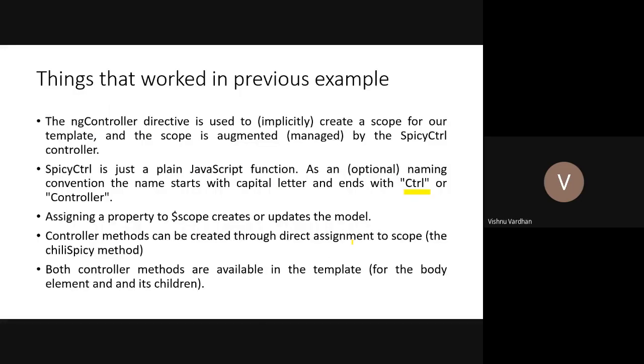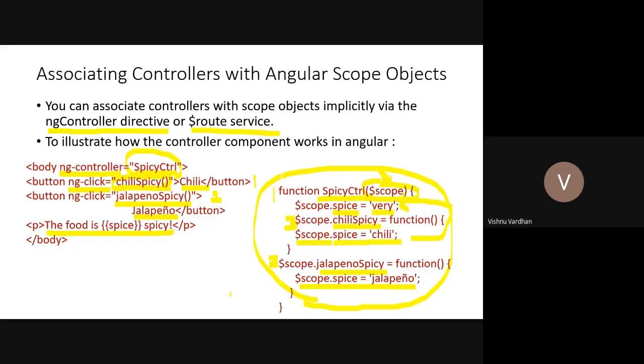So the scope object is getting the changes, and scope creates or updates the model, and controller methods can be created through direct assignment to scope, like we have done with the chiliSpicy method. Both controller methods are available in the template for the body element and its children. So when we attach this controller to this body, it is available in the body as well as to all the children available in this body.